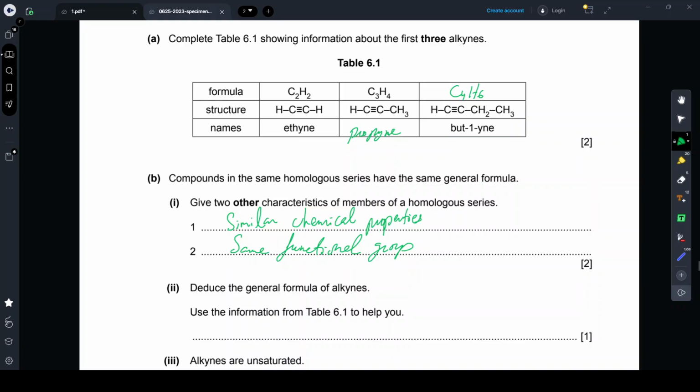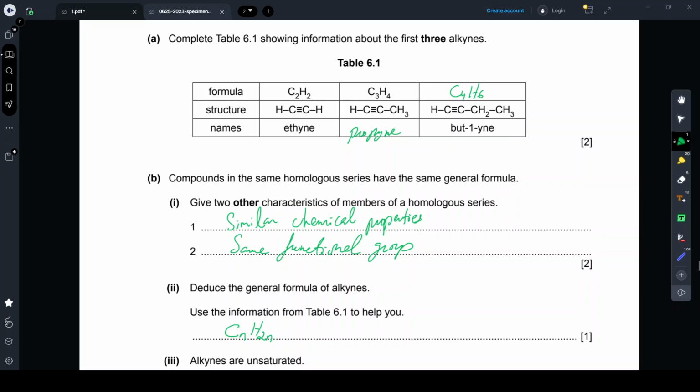We can write this much at least. We can say it is CnH2n, obviously. But what about the rest?